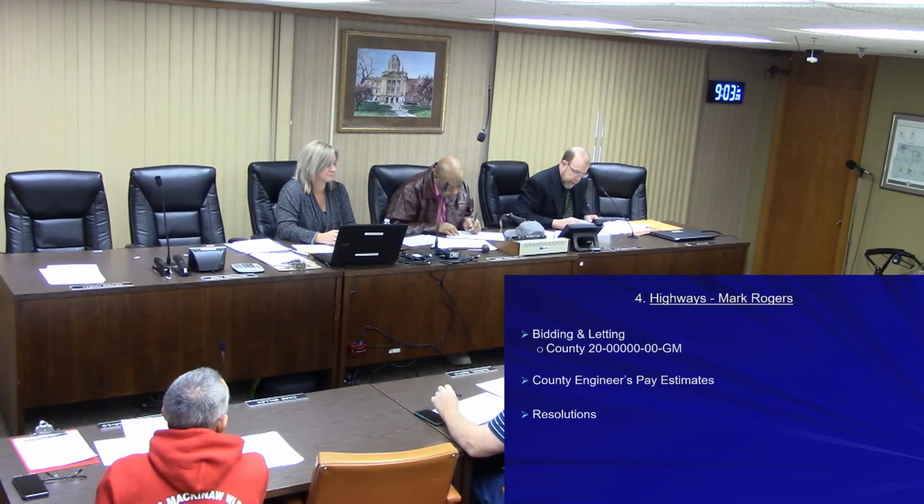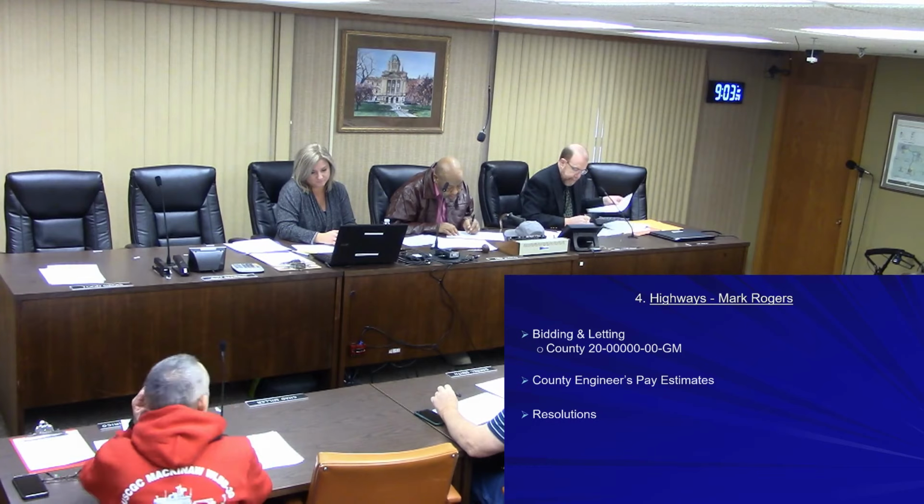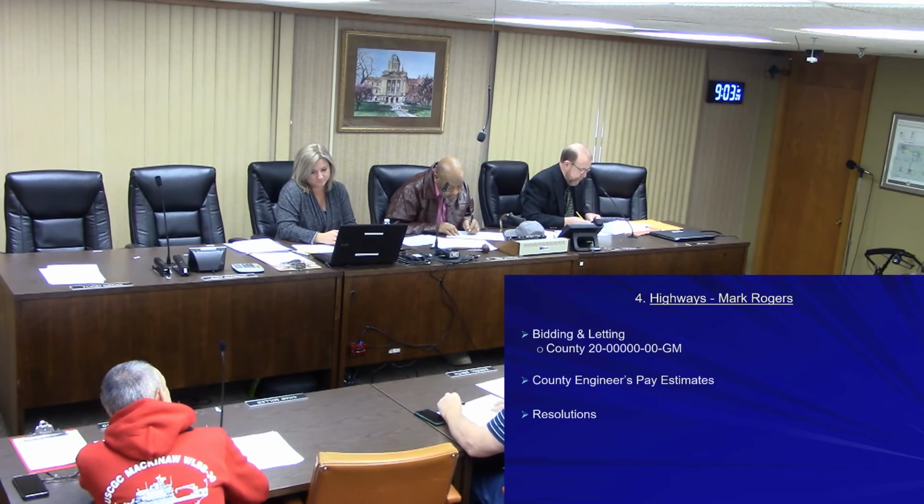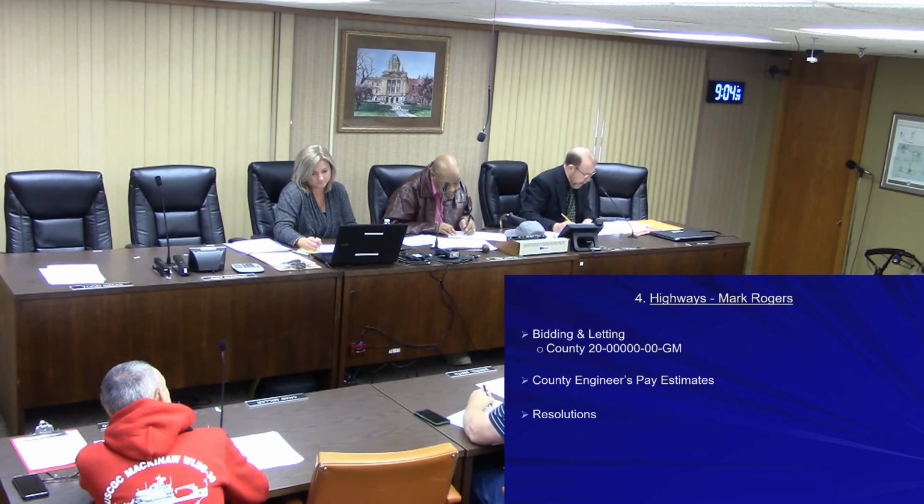Next is Vulcan Materials Company, the Lehigh Quarry. The unit cost for aggregate surface course type B is $9.25 per ton, and for the CA16 is $14.75 per ton.